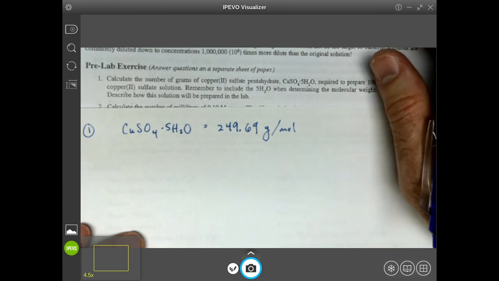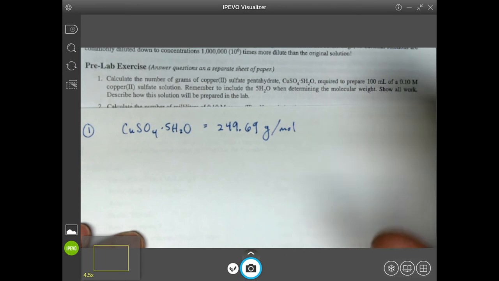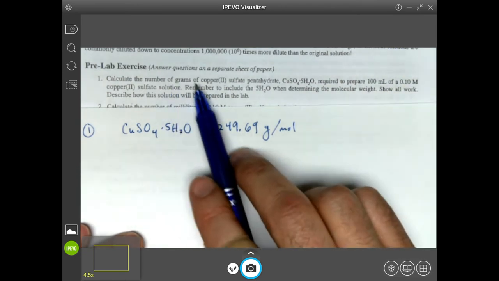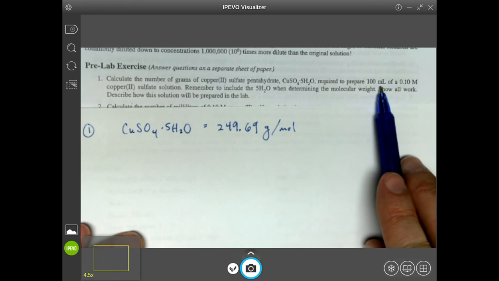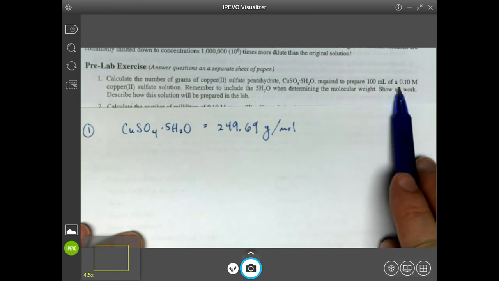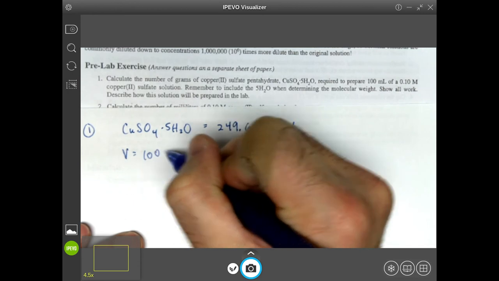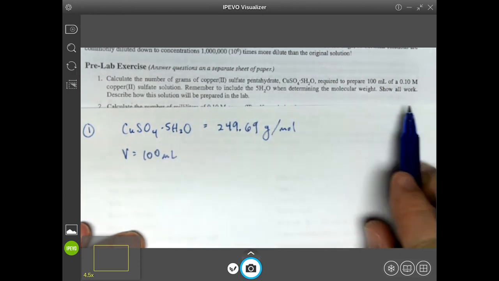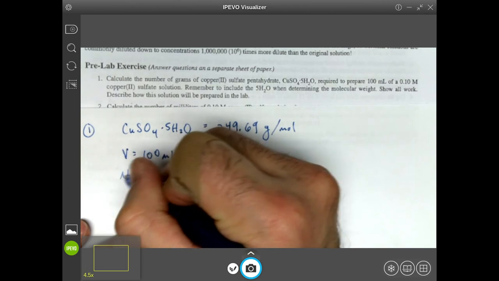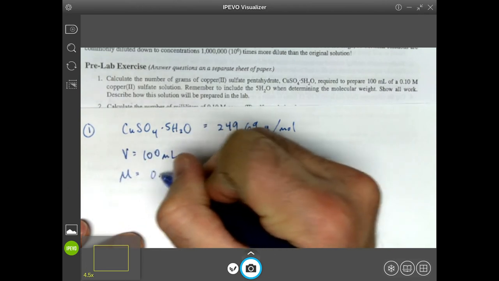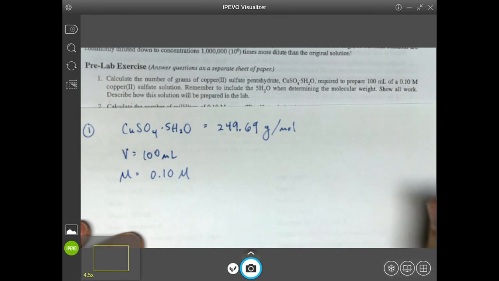Now, what we are trying to do here is figure out the number of grams of the copper 2 sulfate that we need to prepare 100 milliliters, so we want a volume of 100 milliliters of 0.10 molar solution.